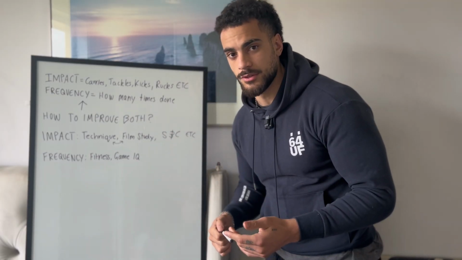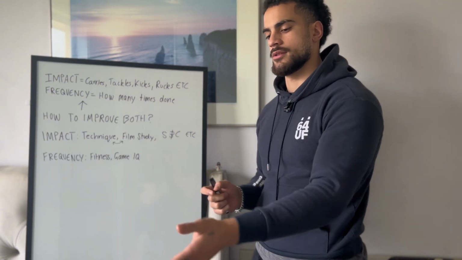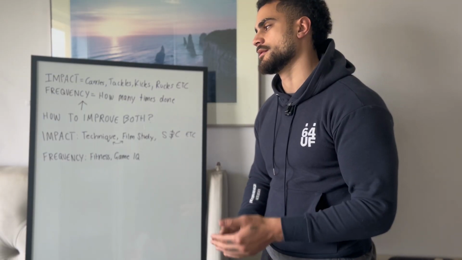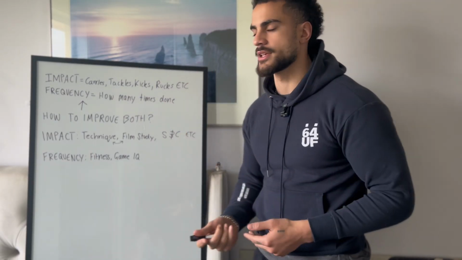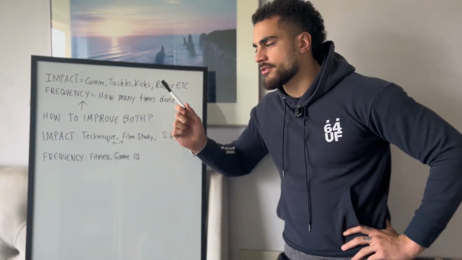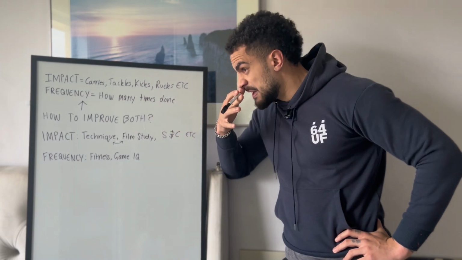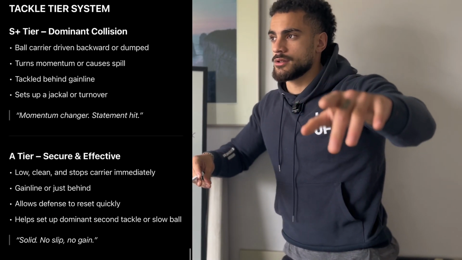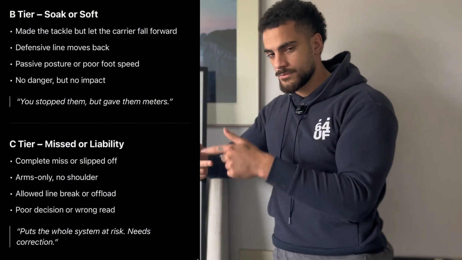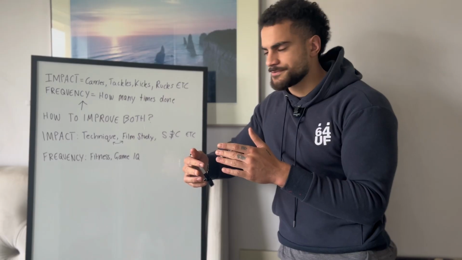Now, when you've got the stats of a game and you look at them, you say, okay, carries, I had this many, and I did this many times. And with the carries, the impacts, right? Every impact that I had this game, I had a tier system. If you watched my earlier videos, I used to tier system my carries, my tackles, and I think I started doing rucks as well.